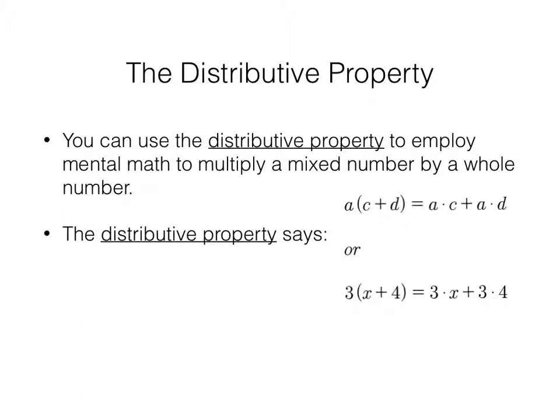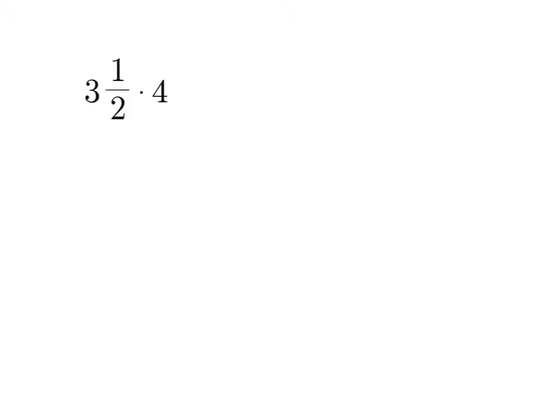Okay, but how can we use this for multiplying a whole number times a mixed number? Well, we're going to take an expression like this one, 3.5 times 4, and we're going to break 3.5 into 3 plus a half. And we're going to multiply 4 by each of the individual parts of 3.5.